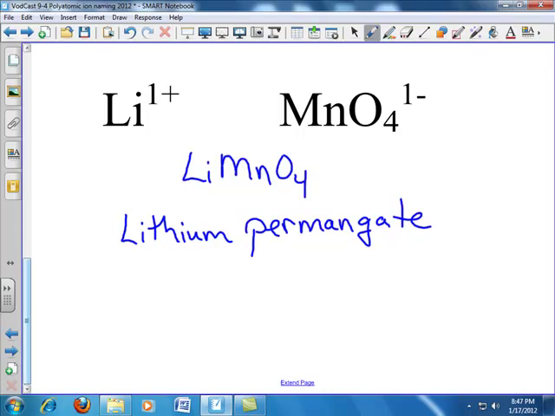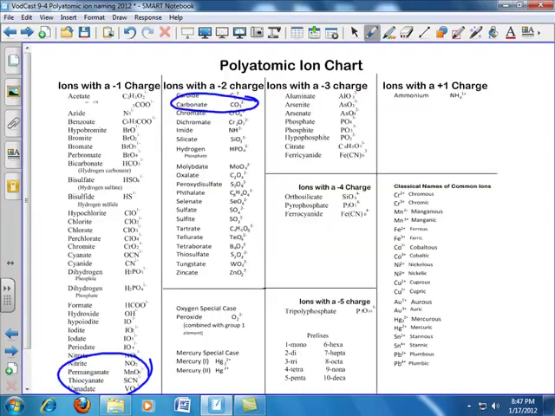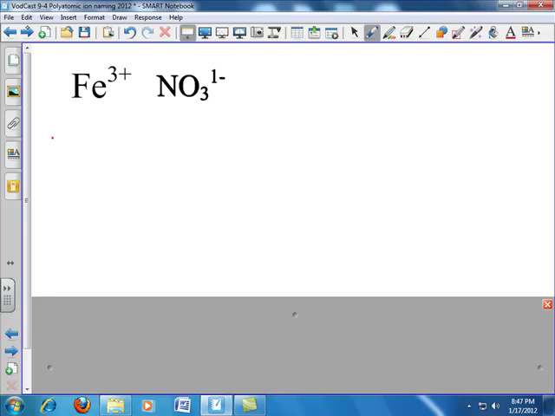Okay, so these are some fairly simple polyatomic ions. Now we're going to get into a little bit more complex polyatomic ions. Everything to this point has been even charge, so I've just needed one metal and one polyatomic ion.